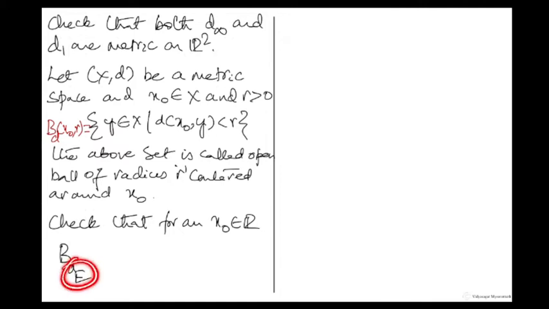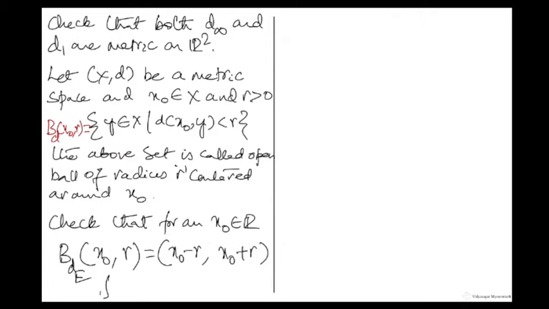I am considering the Euclidean metric on R. The Euclidean open ball of radius r centered at x0 is actually the open interval (x0 minus r, x0 plus r) for r greater than 0. Euclidean open balls in R are basically open intervals.